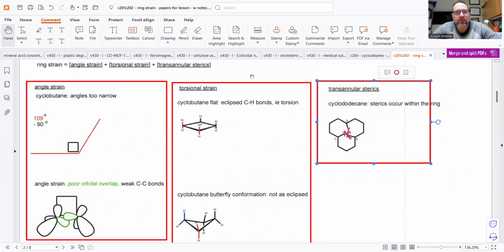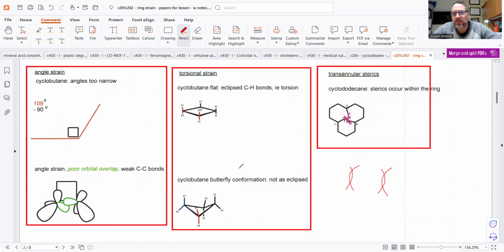Transannular. By the way, everybody, the symbol for sterics in organic chemistry is two interpenetrating parentheses, which is what you're seeing here. These parentheses are interpenetrating, clashing: steric clash, transannular sterics.